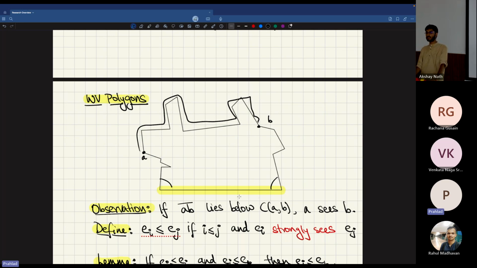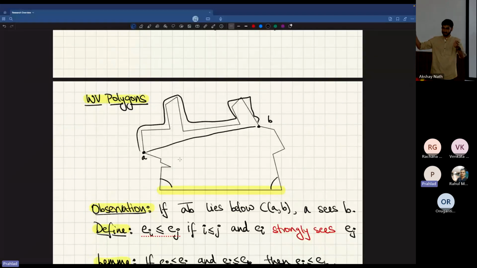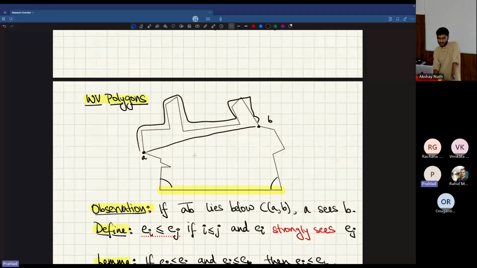So C of AB is the curve above A and B. Whether you order points clockwise or anti-clockwise, use the definition that makes sense. In that particular case, you see that A sees B, and the curve lies above it.